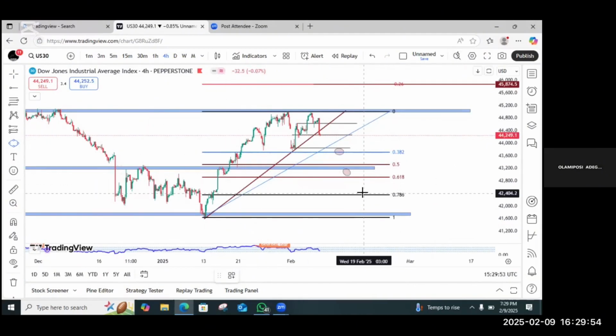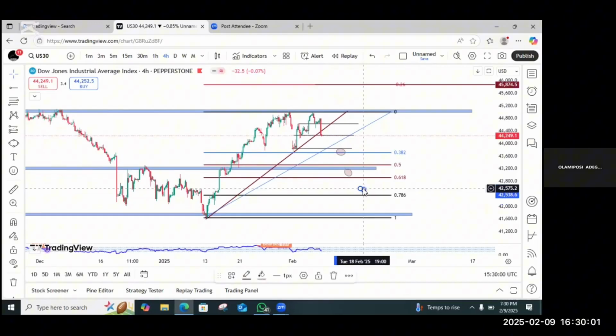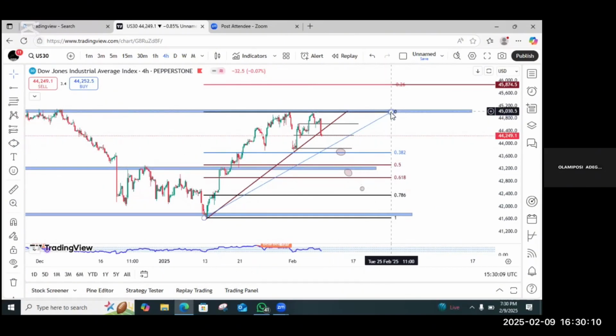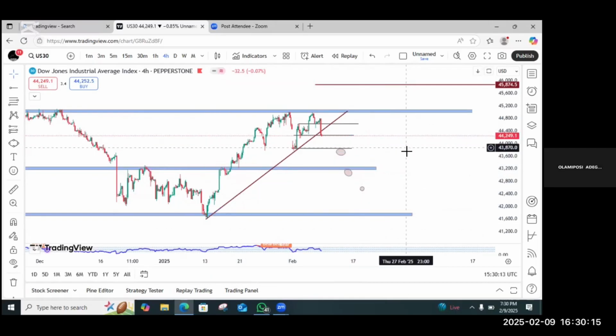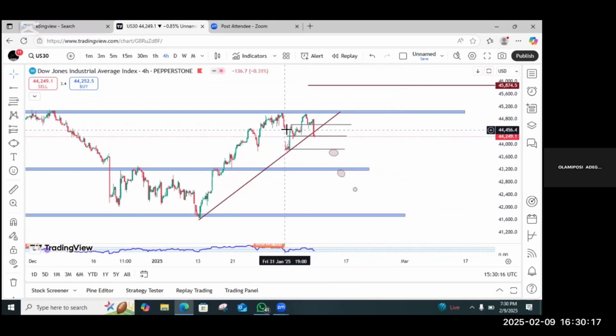So by doing this, let me remove my Fibonacci to really show you what I'm trying to bring out here. This week, I'm expecting the market to come down to regain some energy so we can fire up. And in this case, we cannot just expect it to come down without limit.